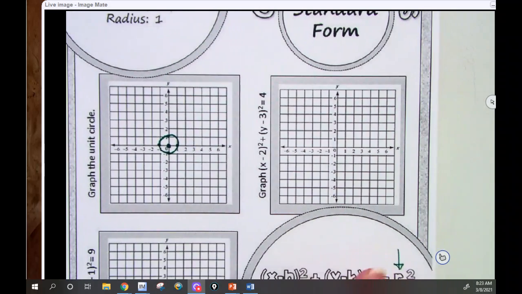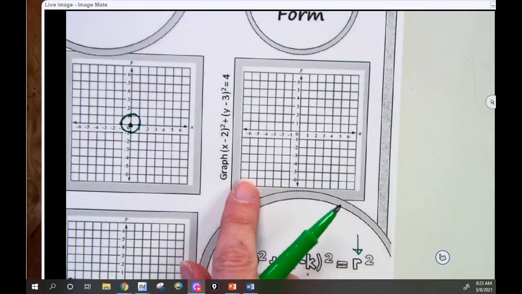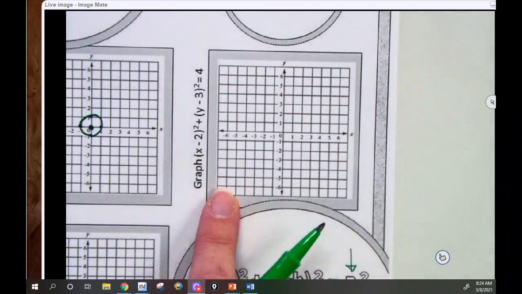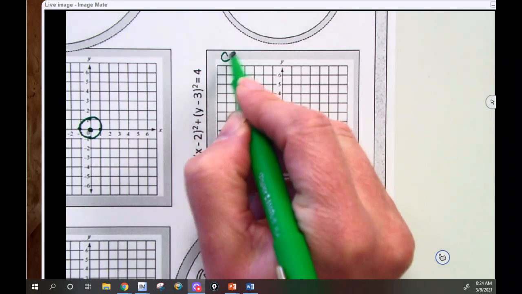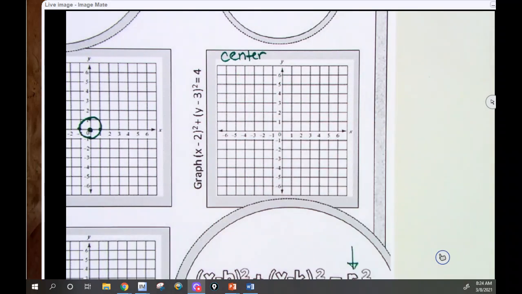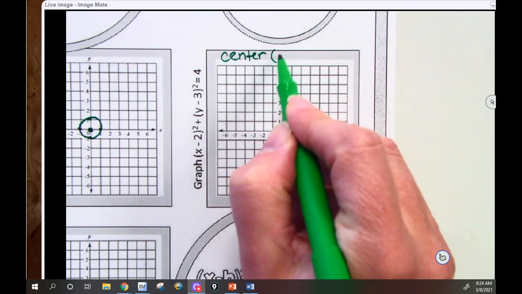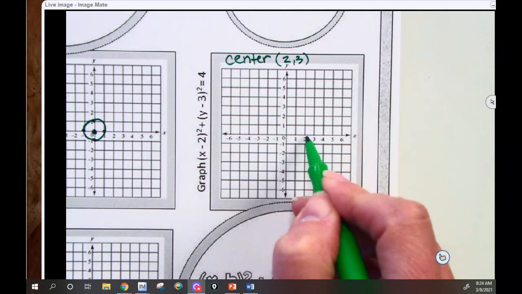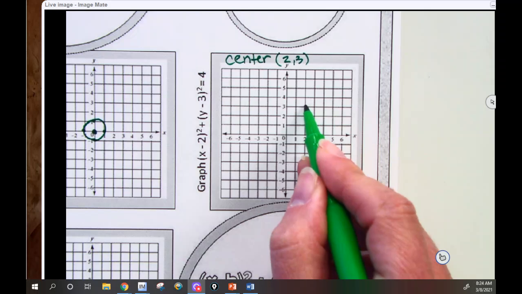And then let's just practice on a couple more here. Graph, where is my center? Opposite. Positive 2, positive 3.